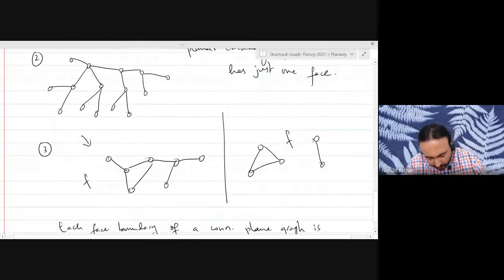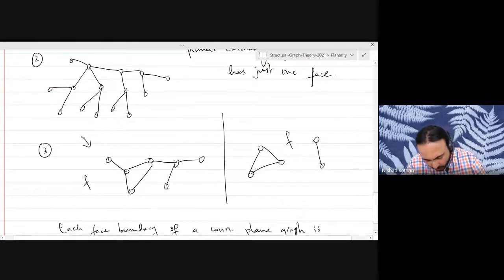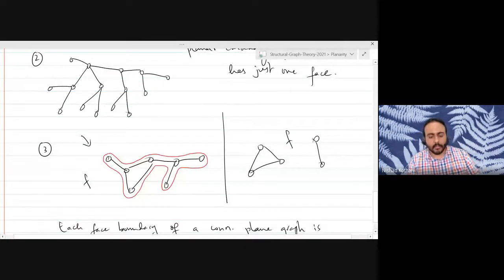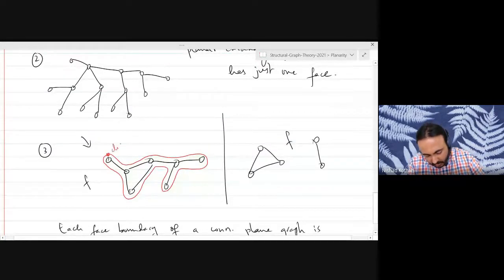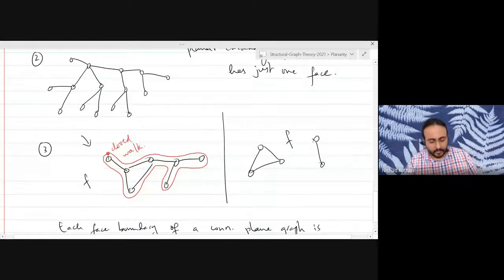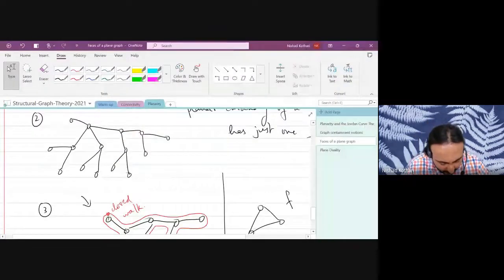You start at any point and you go around the face and you get a closed walk like this. You start here and you finish here. So you get a closed walk. So that's another point I want to make.